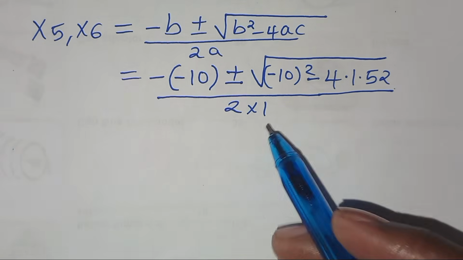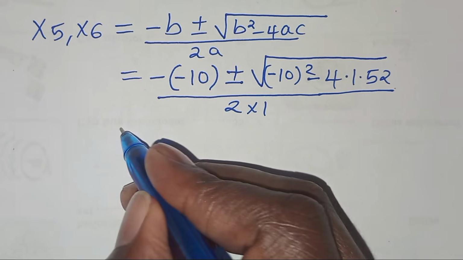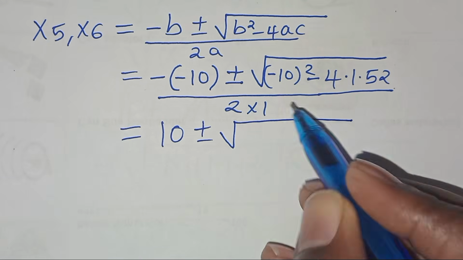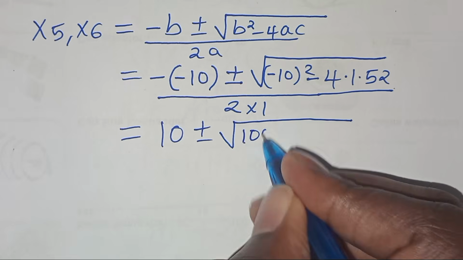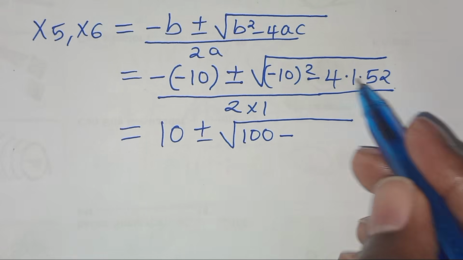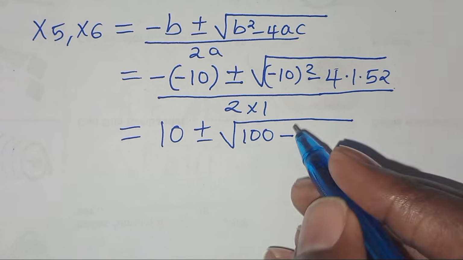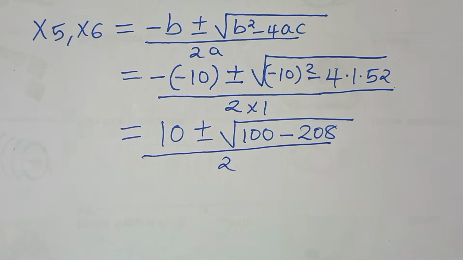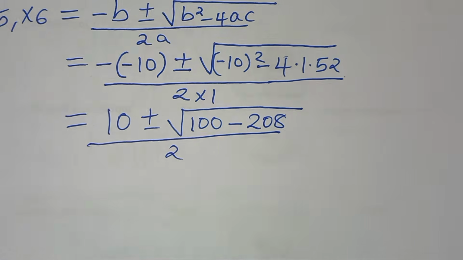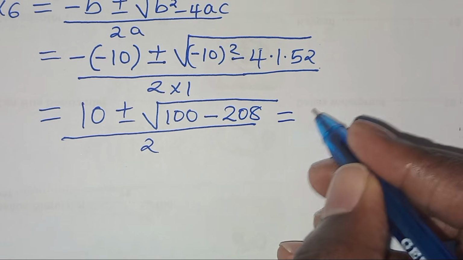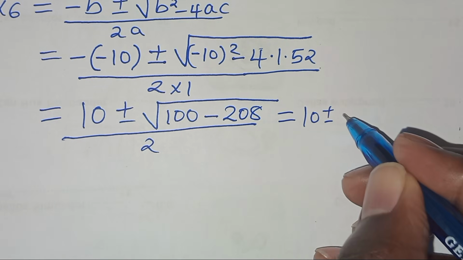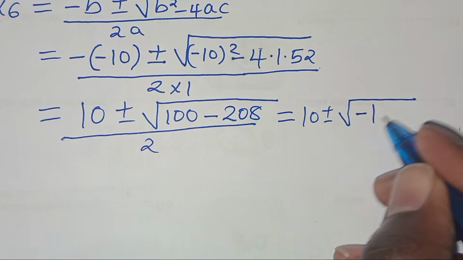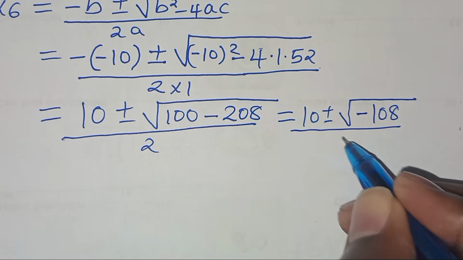Now here we have minus times minus 10, which is 10, plus or minus the square root of negative 10 squared, this is 100, subtract 4 times 52, this is 208, divided by 2. Now this implies that here we have 10 plus or minus the square root of 100 minus 208, which is minus 108. All this divided by 2.